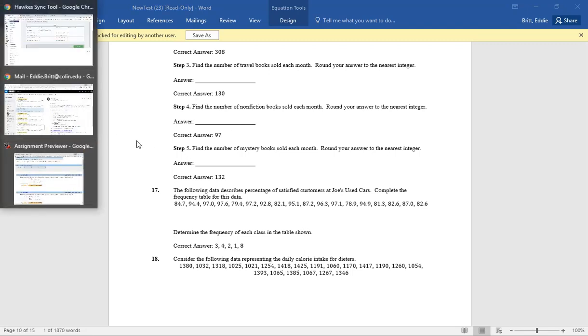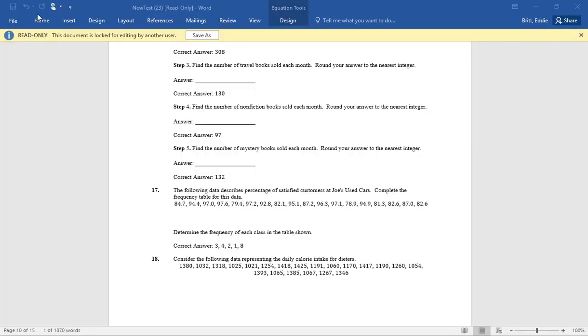It means the table probably did not copy over correctly. Let me bring that up and show you.